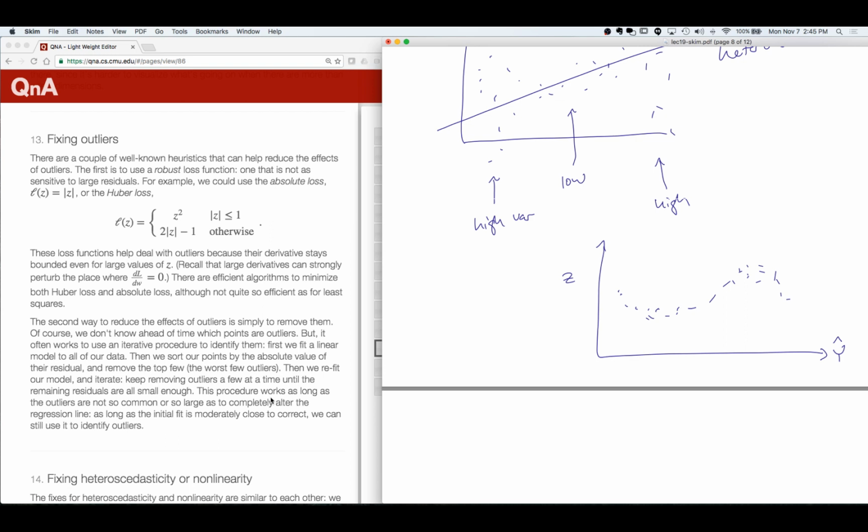Two of those are the absolute loss, meaning the loss is equal to the absolute value of the residual, or the Huber loss, which basically looks like the absolute value when you're far from 0, and it looks like x squared when you're close to 0. So this is Huber. And these loss functions help deal with outliers because their derivative stays bounded even as the residual gets really large.